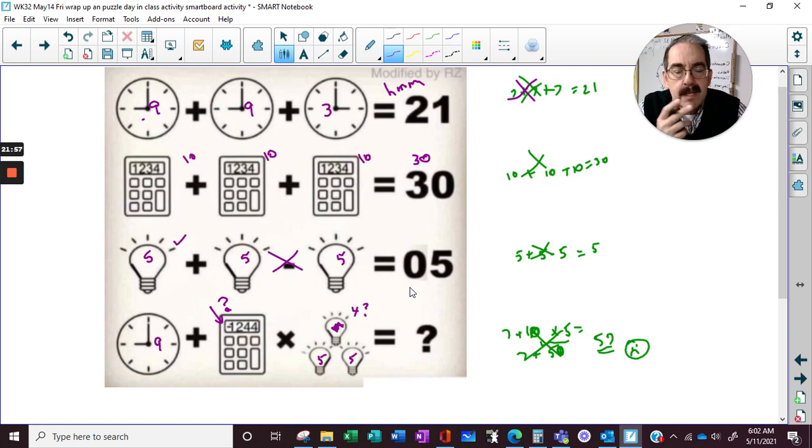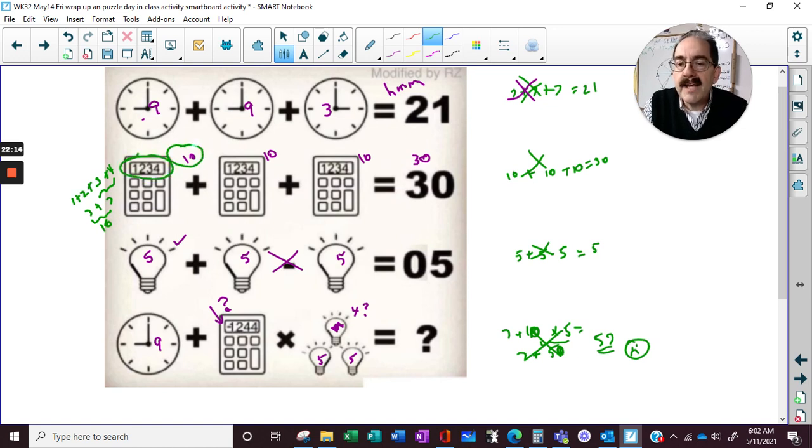Okay. This is about the only thing that Mr. Miller and I came up with. 1 plus 2 plus 3 plus 4. 7 plus 3 is 10. We're thinking these numbers add up to 10.